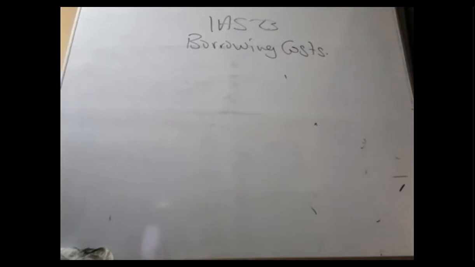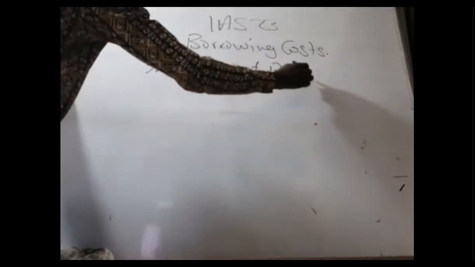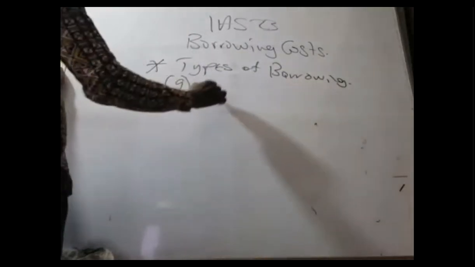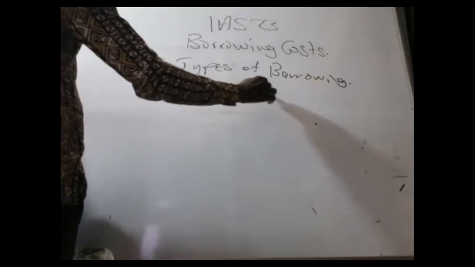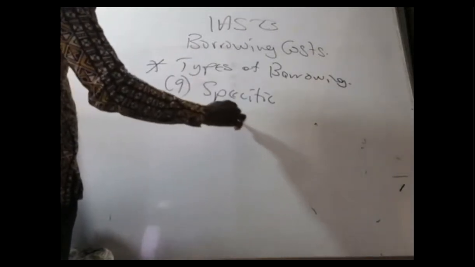Moving on with the summary of what we did last meeting, we also looked at the types of borrowing, and we said that there are two types. We have the specific and we have the general pool of funds.